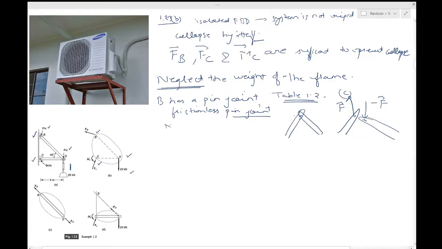No torque is transmitted. So this is what we have from table 1.2C.